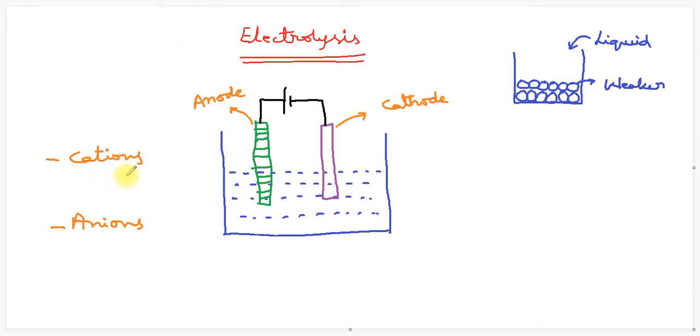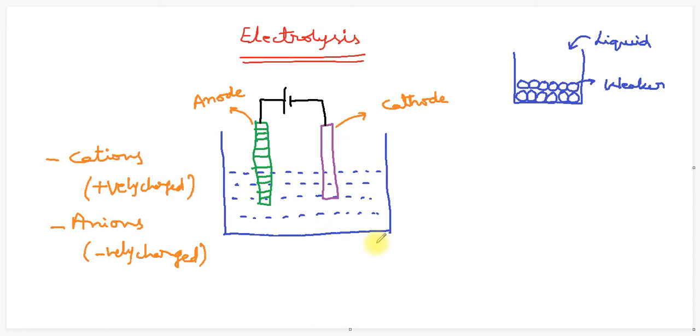Cations are ions with positive charge, so positively charged ions, and anions are negatively charged ions. According to the principle, opposite poles attract each other. So these positively charged cations are attracted towards the cathode and negatively charged anions are attracted towards the anode.